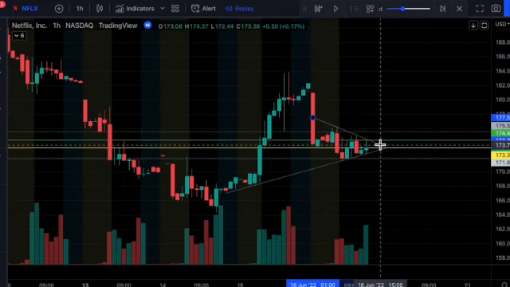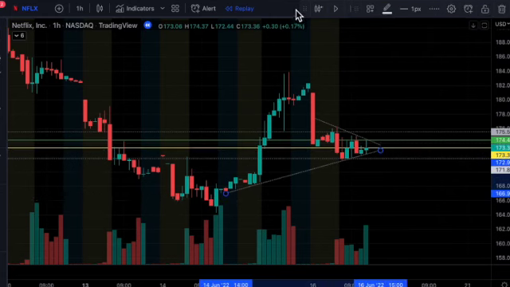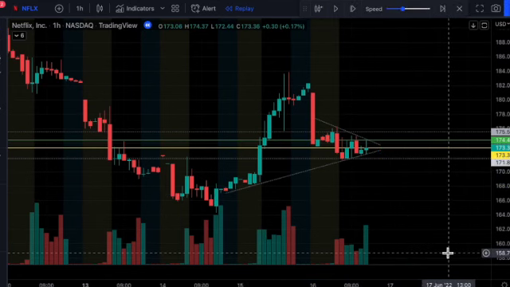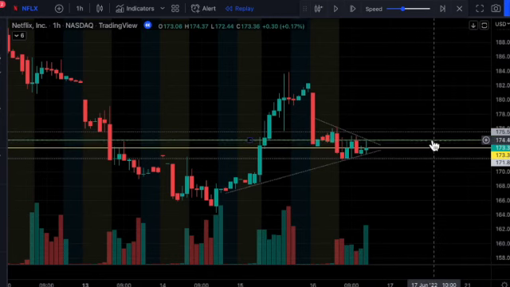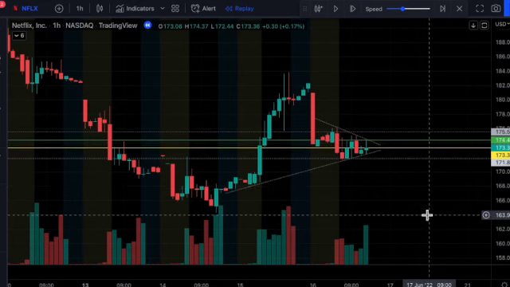So just a really nice wedge setup on Netflix. Again, we're using a replay here, so this is what the price action on Netflix looked like going into Friday, where it was on the watch list with calls above the green line, 174.45, and then 173.35. So I put that list out on Discord. I put it out on Twitter.